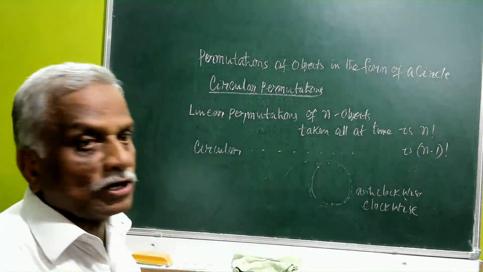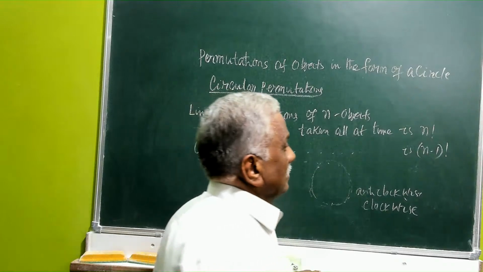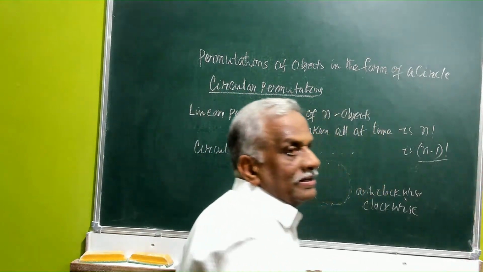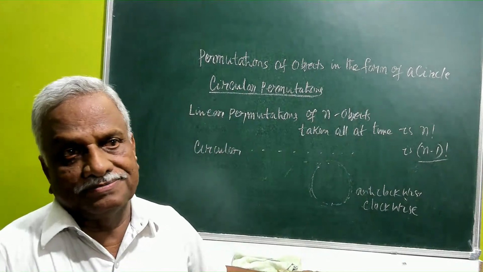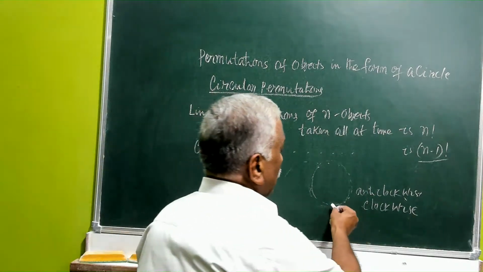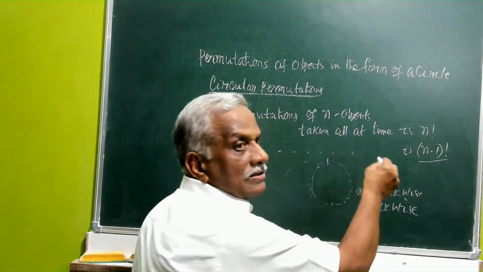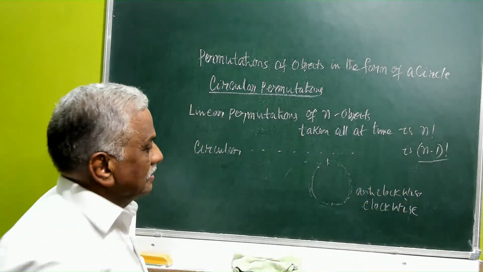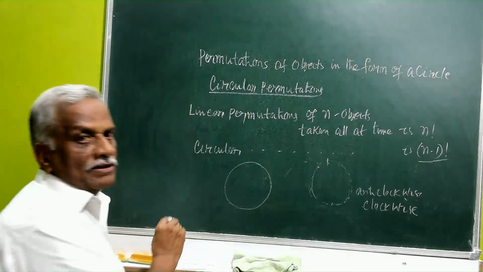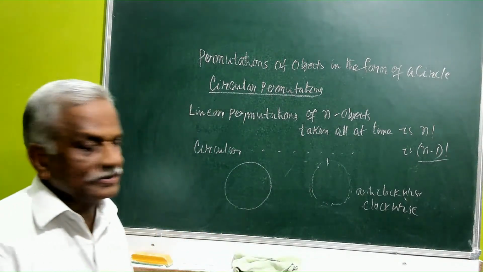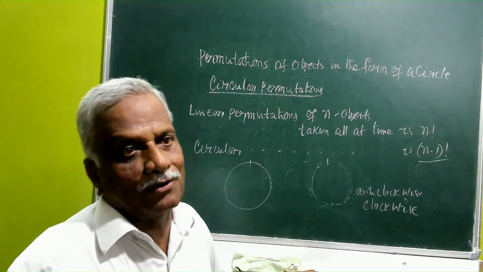So when we discuss about human beings in the form of a circle, we'll always take it as n minus 1 factorial. When we discuss objects, because a person will know whether he has come over here in the anti-clockwise direction or clockwise direction. Instead of that, we have beads, or if we have a flower garland. The flower here doesn't know whether it has come clockwise or anti-clockwise.